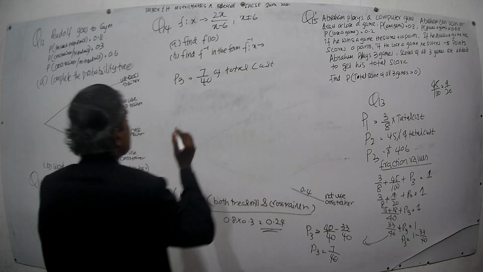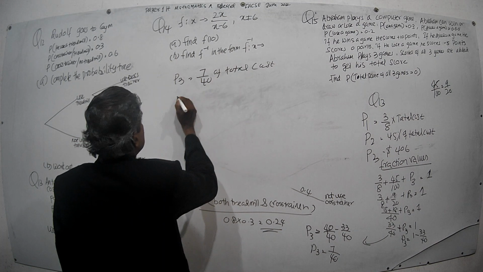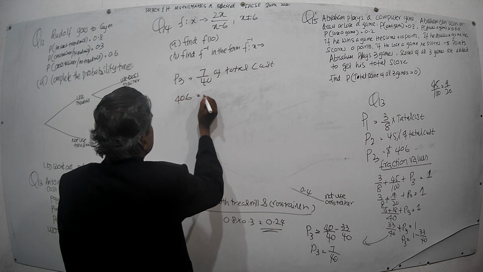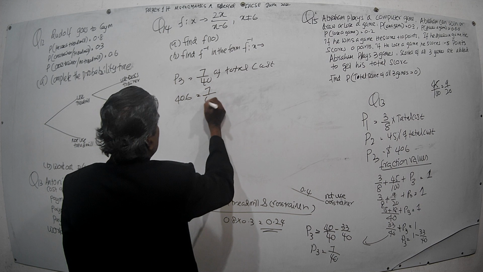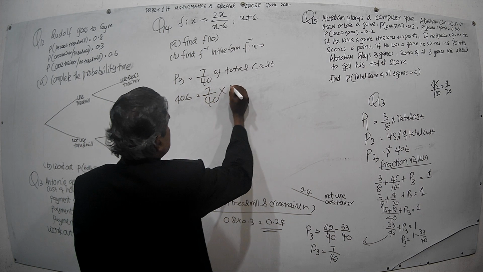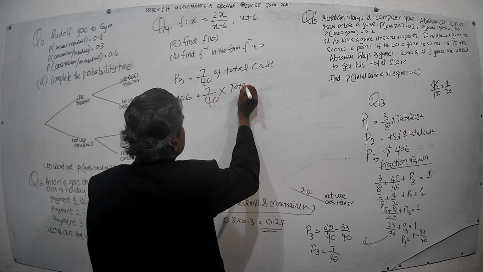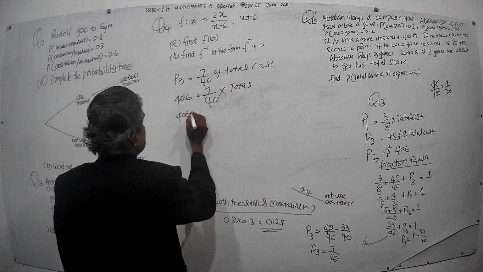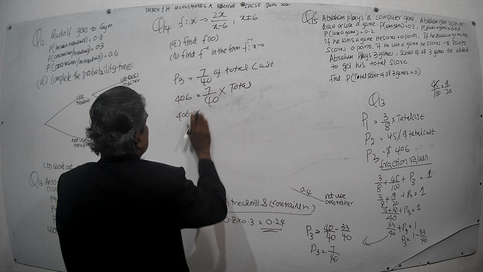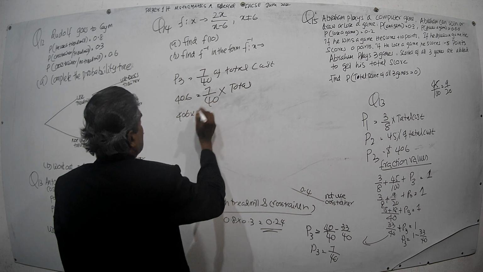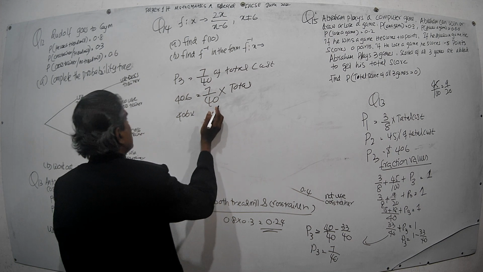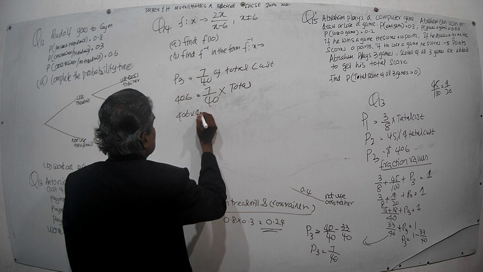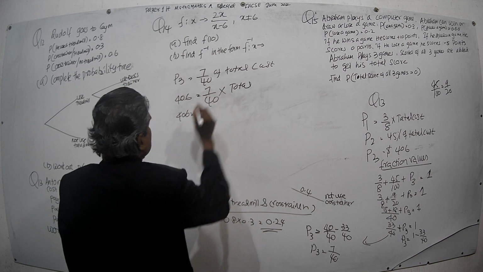Then here we know P3 is 406, they have given, and it is 7 over 40 of the total, where 'of' means multiplication by the total. Then take this 40 to this side, then 406 multiplied by 40, because this is division by 40 on this side, when it goes to that side it becomes multiplication by 40. 7 is multiply and divide.